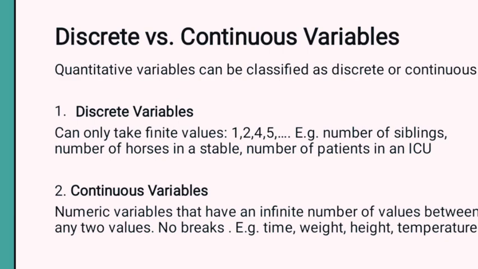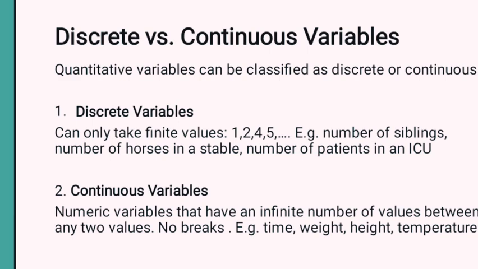Now discrete variables can only take finite values, and I repeat, finite values like 4, 2, 5, or probably 20 or 19. An example is the number of siblings, number of horses in the stable, or number of patients in an ICU.